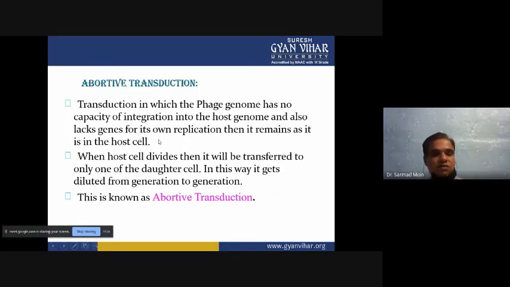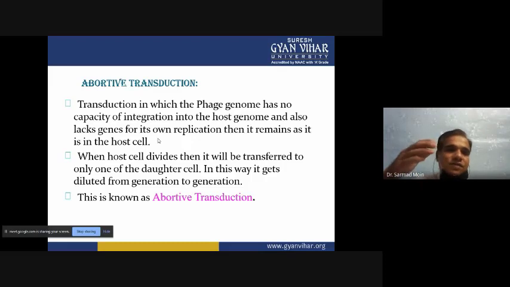So they totally depend on bacterial enzymes and their mechanism. When the bacteria replicate, the phage DNA also replicates separately, and when the host cell divides, it is transferred to one of the daughter cells.